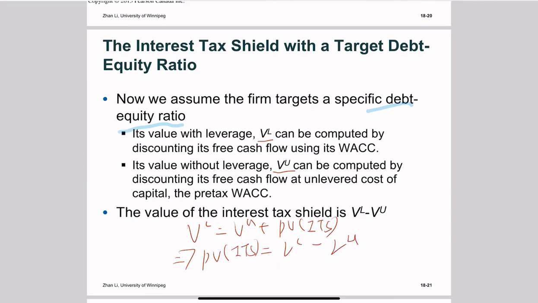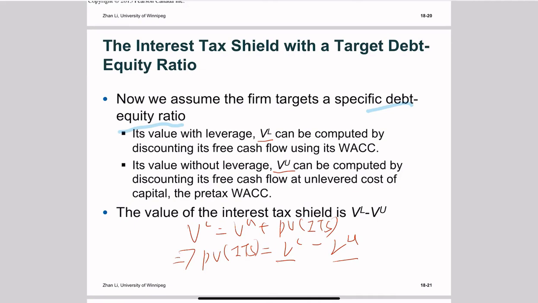So if we can find out VL and VU, we could use their difference as the present value of the interest tax shield. But how can you find out VL?